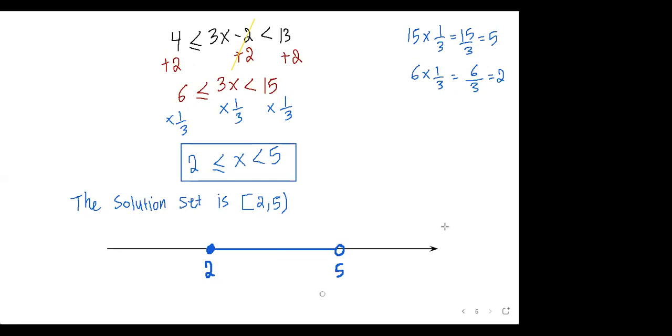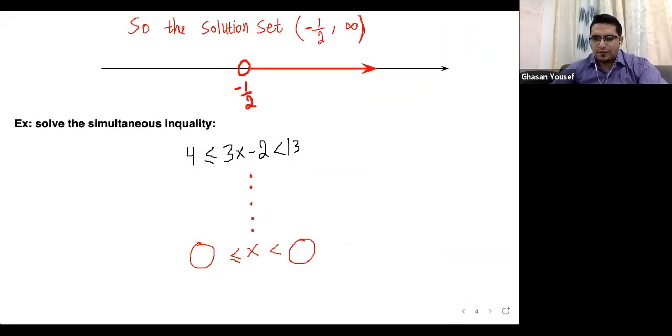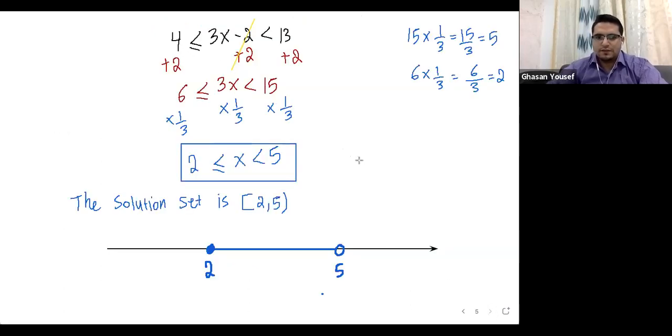Okay. Any other question for this simultaneous inequality? Okay, some student asked me to go back. Here you go. Jennifer. Okay, it's clear. Do you need this, Jennifer, too?